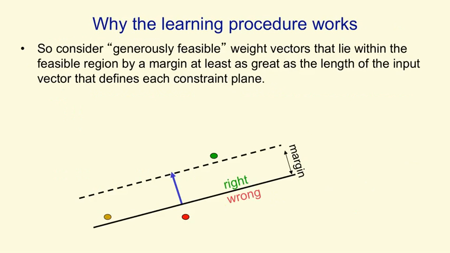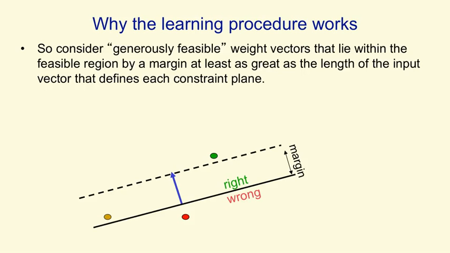So what we're going to do is define a generously feasible weight vector. That's a weight vector that not only gets every training case right, but it gets it right by at least a certain margin, where the margin is as big as the input vector for that training case.